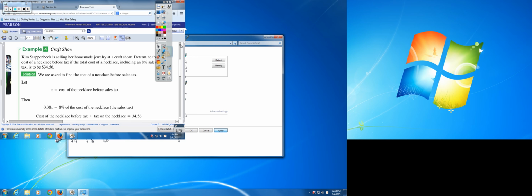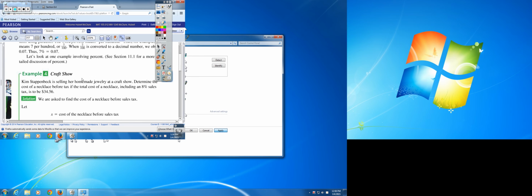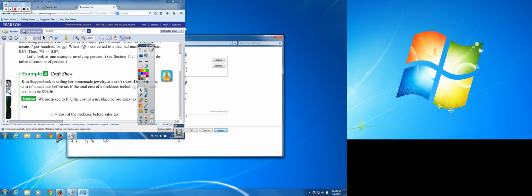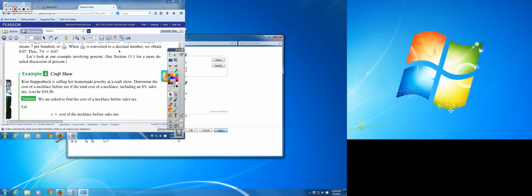Okay, look at this one. It says Kim is selling her homemade jewelry at a craft show. Determine the cost of the necklace before taxes if the total cost of the necklace, including an 8% sales tax, is $34.56.